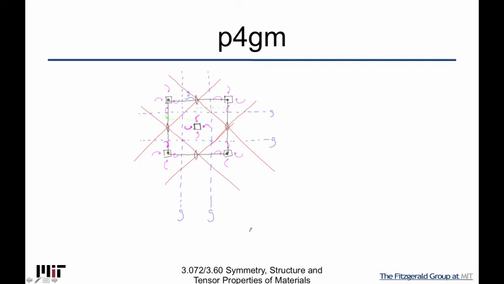And you know what happens when we have translation vectors that are at angles there? We should actually induce more glide planes.